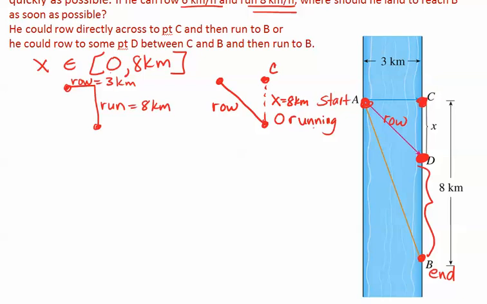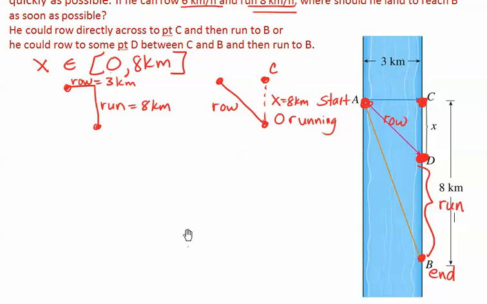Okay, but don't we guess that he's going to do something in between? So now we've got to set up an equation to minimize his time. So I suspect he's going to do some combination of rowing and running. So we need to come up with a formula to minimize his time.